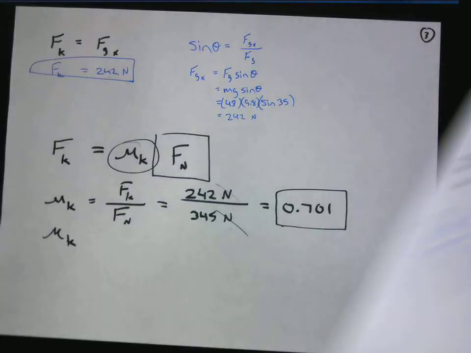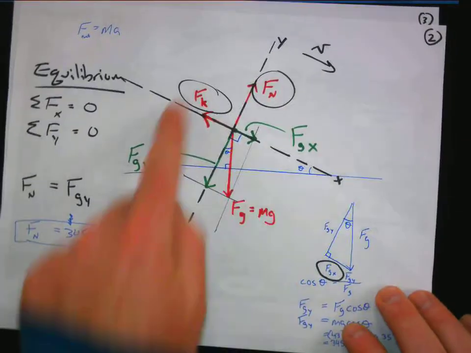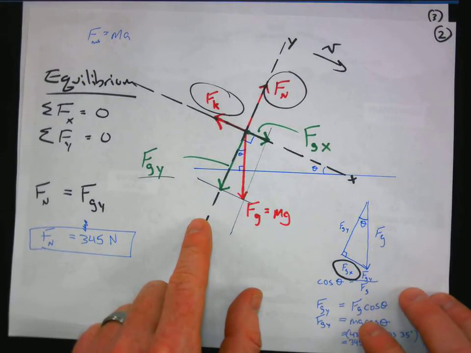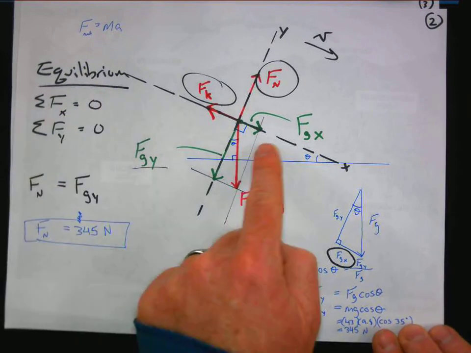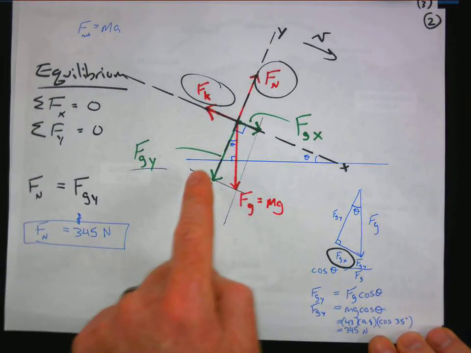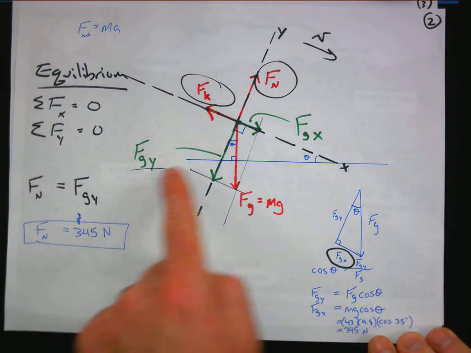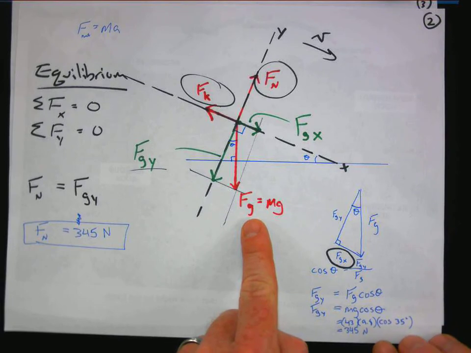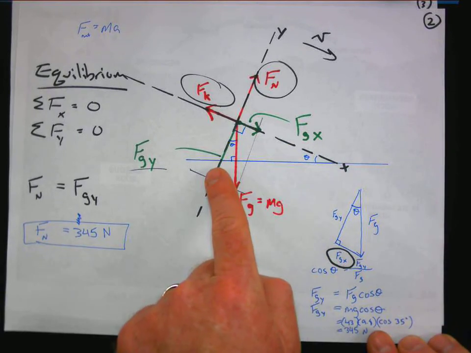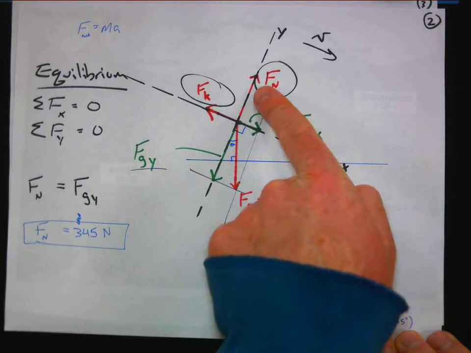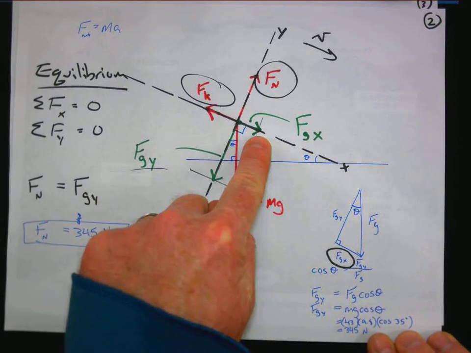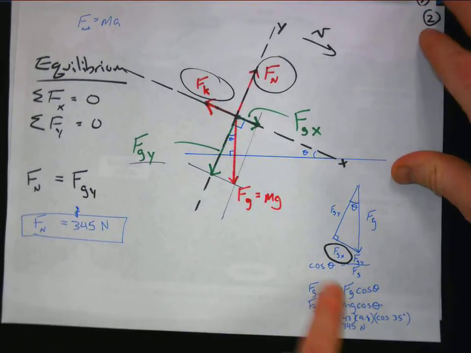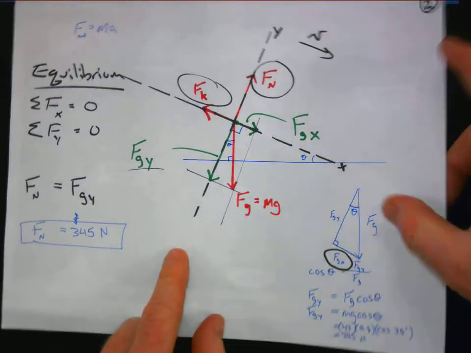We worked through creating a free body diagram, and we recognized we had a situation of equilibrium. The free body diagram helped us determine the x and y components of weight, and those x and y components allowed us to see how the forces in the y direction must be balanced and also the forces in the x direction must be balanced. And a little bit of geometry work to get us those components, and then using that to get us the answers.